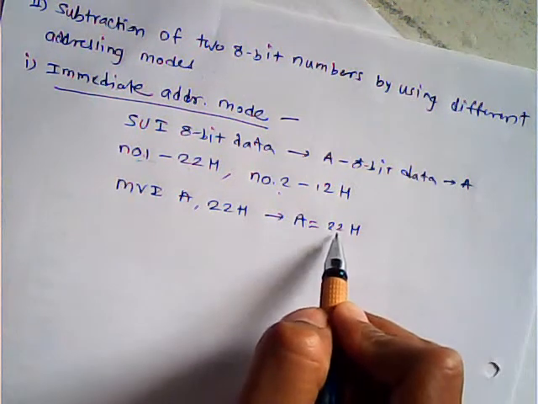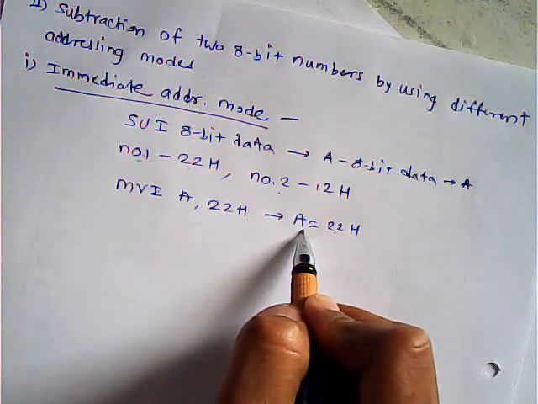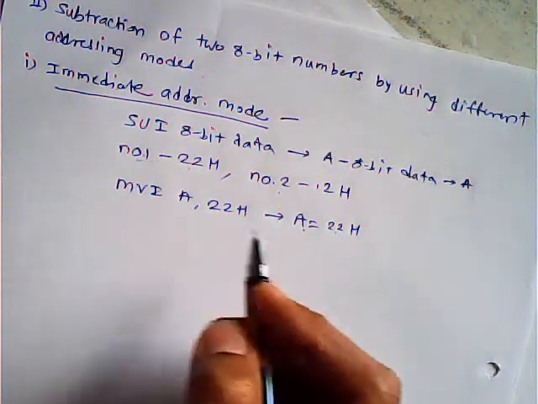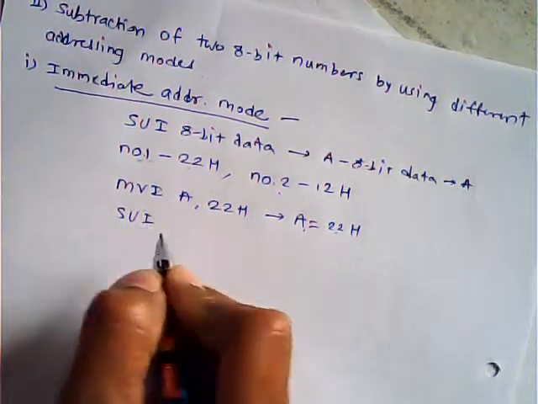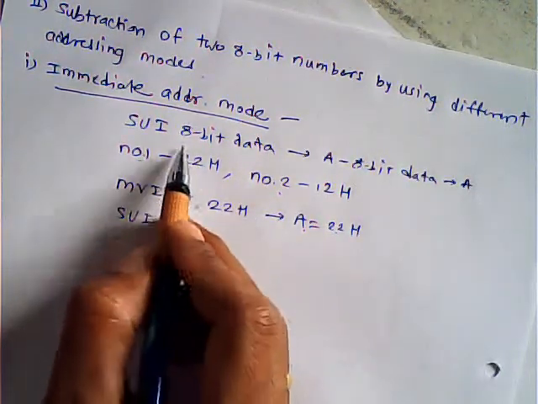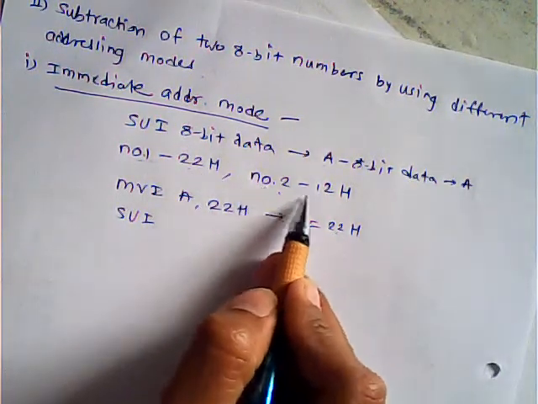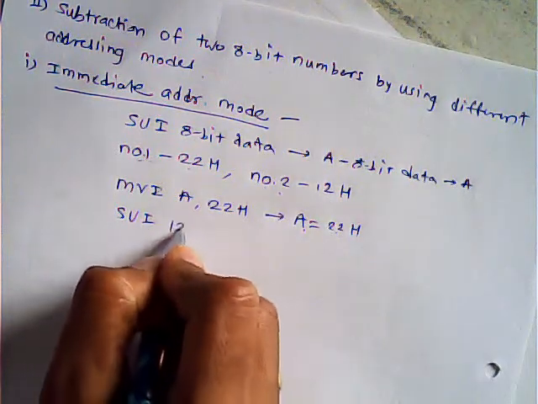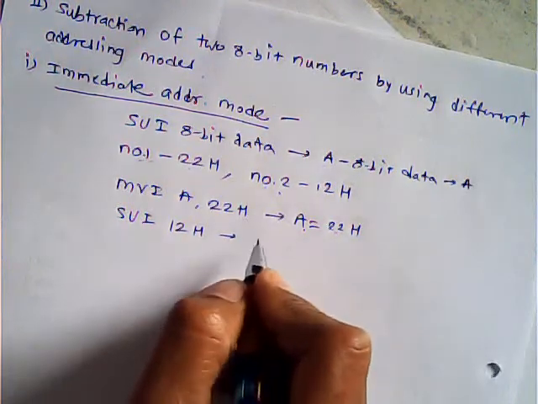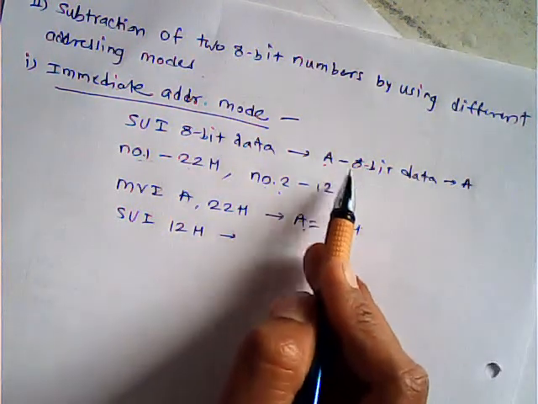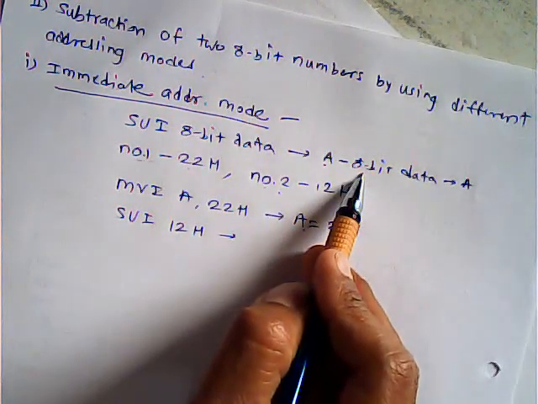Now this 22x is available in the accumulator, we can use the SUI instruction. The next instruction is SUI 8-bit immediate data, that is number 2, SUI 12x, and its operation is A minus 8-bit data.